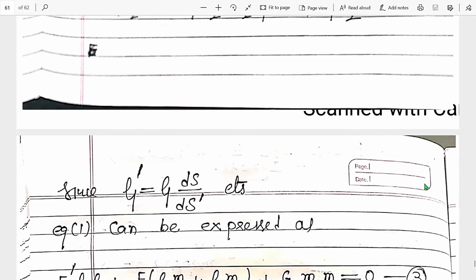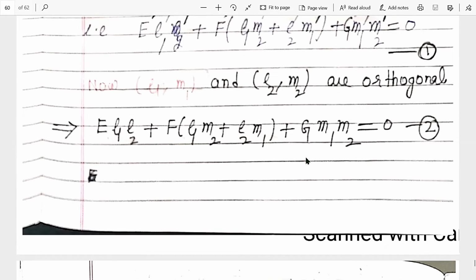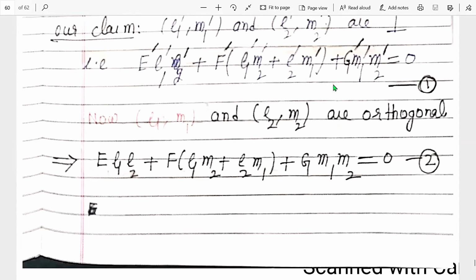We know that L1 dash is equal to L1 ds by ds dash, so that is the arc length in capital S and that is the arc length in S dash. These are directions in S, these are directions in S dash. Clear? So by using this result, equation number 1, that is given.